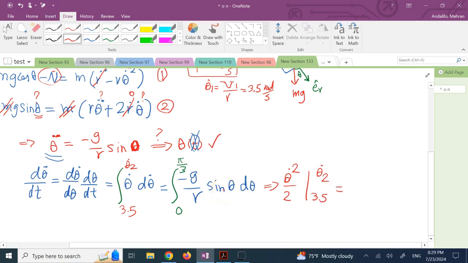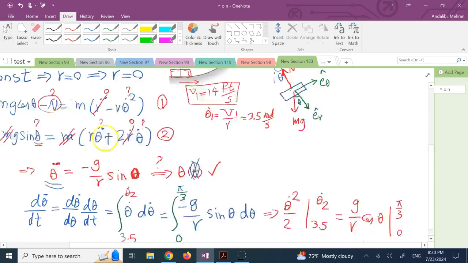And the integral of sine theta is negative cosine theta, but there is another negative, so this is g over r times cosine theta, calculated at pi over 3 and 0. Everything is known except for theta 2 dot. If you solve for theta 2 dot, the number you are going to find is 2.05 radians per second.